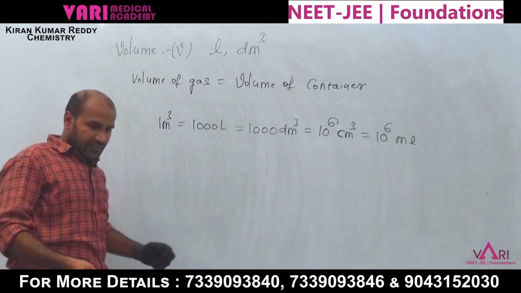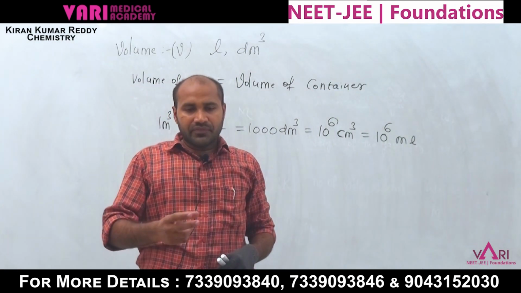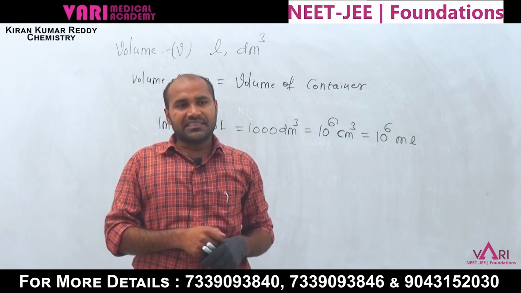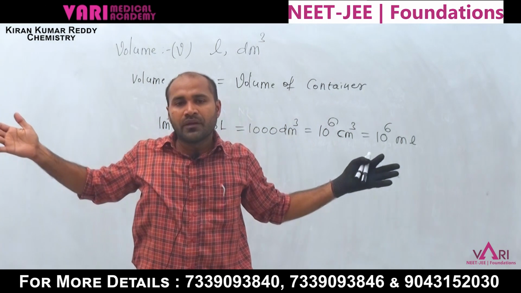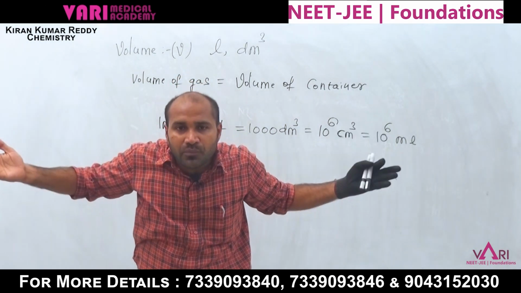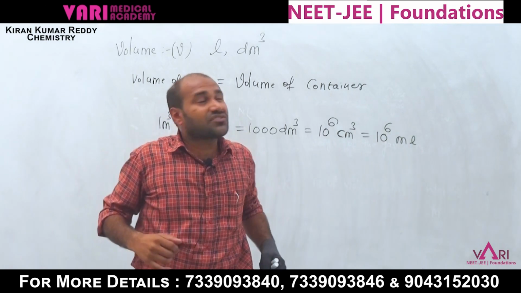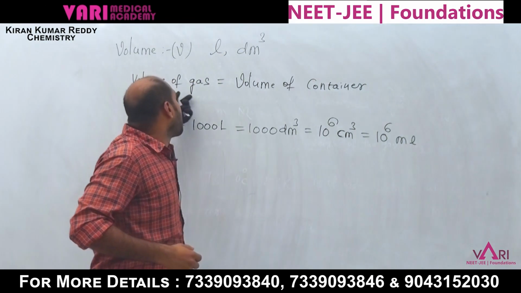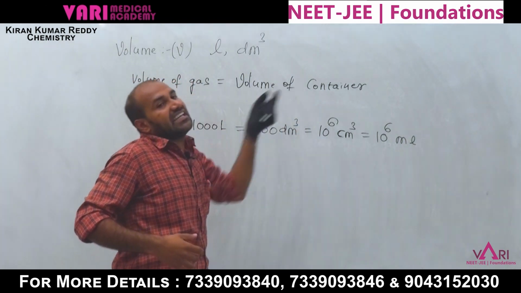Because if in this room I release any gas, for example any perfume, that perfume can spread all over the room. Now, what is the volume of the gas? Volume of the room. That's why volume of gas is equal to volume of container.